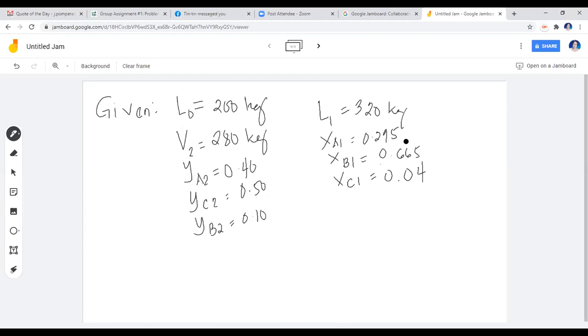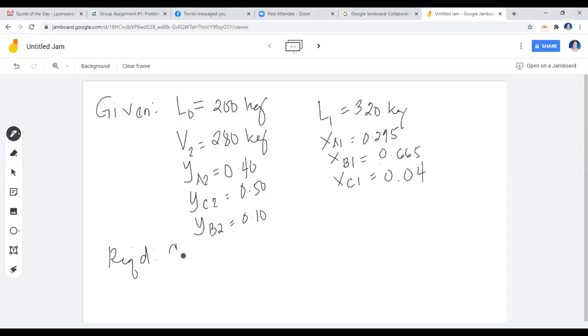Now let's see what the problem requires out of this given information. Given this information, we are to determine the original composition of the feed and the composition of the resulting extract layer. So in that case, we need to write that also in here. That way we will have a sense of direction in solving this problem.